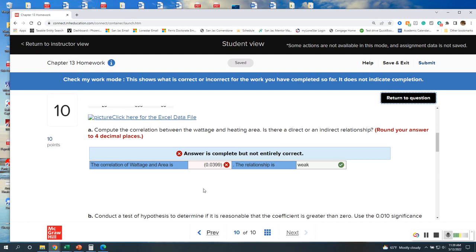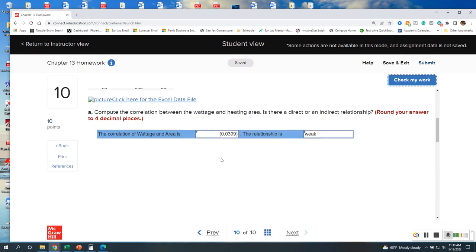I have another error. So again, if you're popping up errors like I am, then we know that you are doing it correctly if you show me the information. Because this one, I don't know if it's rounding. So let's see if we change the method a little bit. 0.30398.